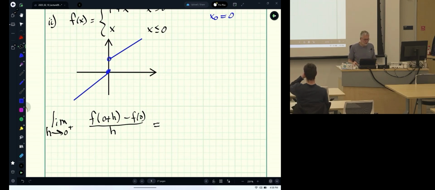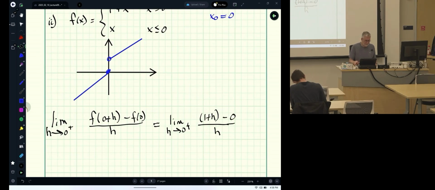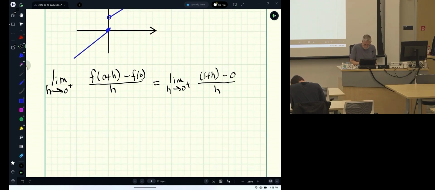So f at 0 plus h, okay, so this is what we're going to be looking at. It's the limit as h goes to 0 from the right. Well, from the right, the function is equal to 1 plus h. At the origin, it's equal to 0. And that's the issue.